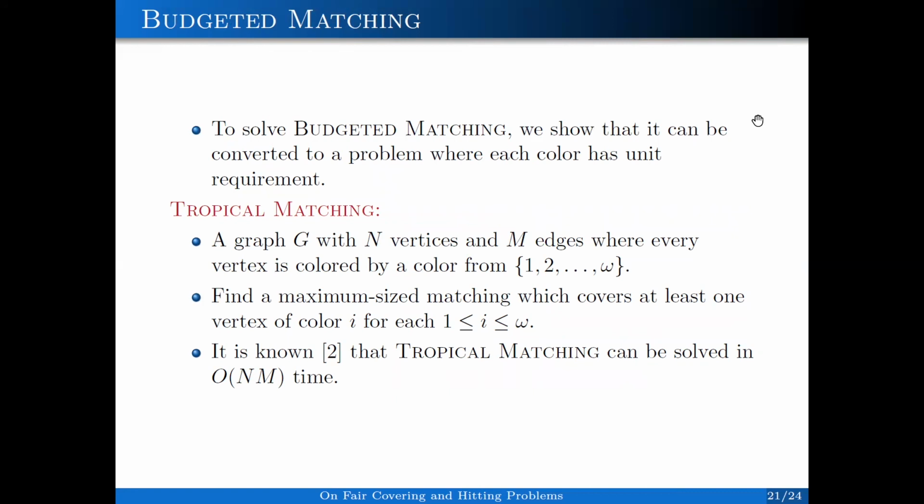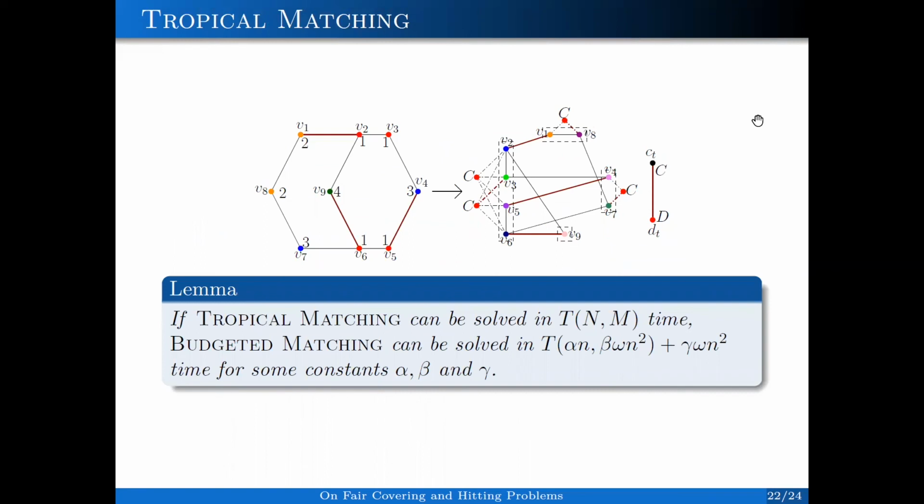So we give a reduction from budgeted matching to tropical matching. And note that here in budgeted matching, the multiple coverage corresponding to a color class need to be represented by a single coverage of a group of vertices in tropical matching.